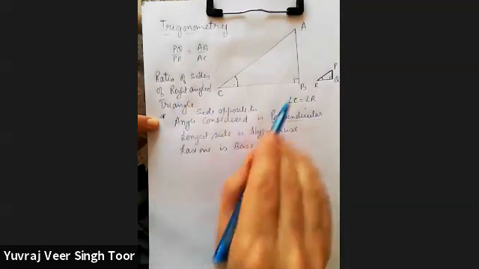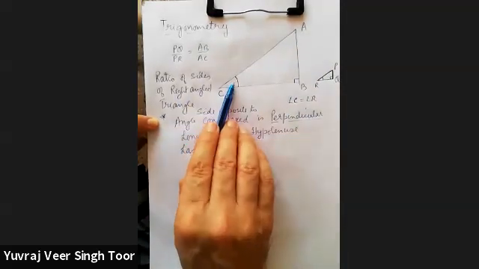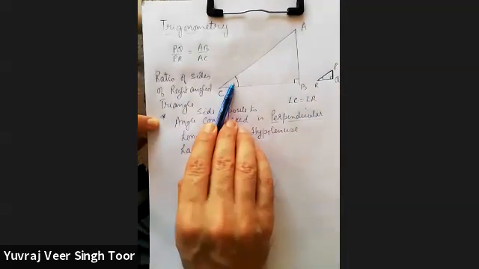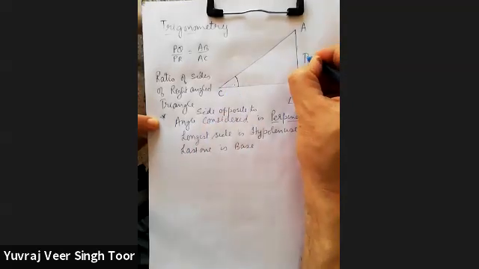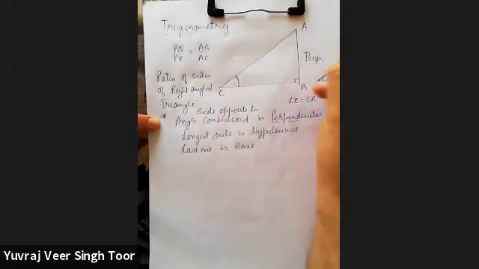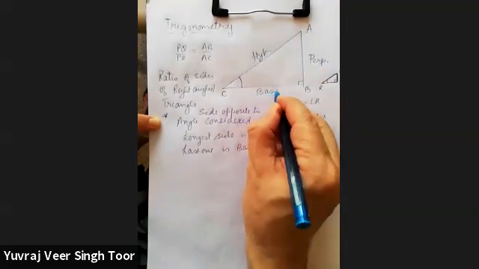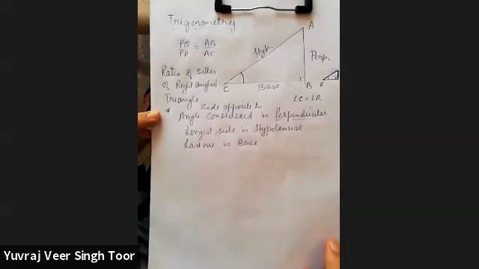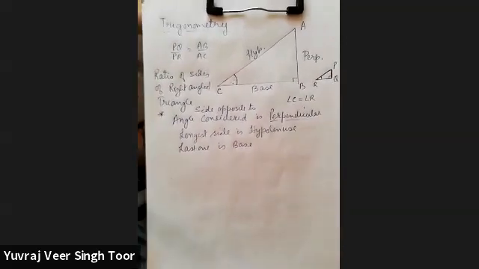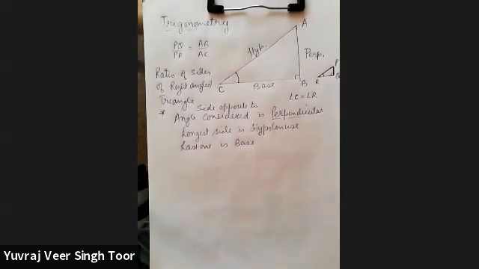So now in this case, we have considered this as the angle. So we will consider this as perpendicular, this as hypotenuse, and this as base. So what are the possible ratios?